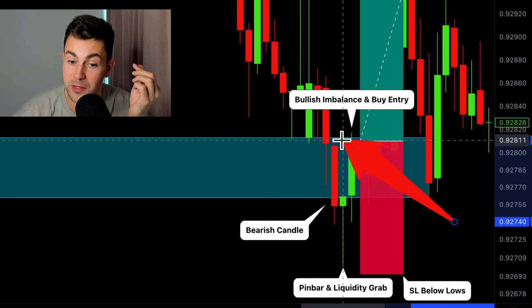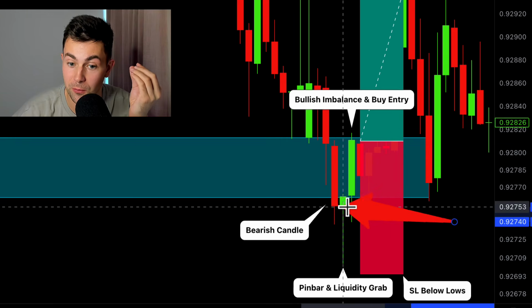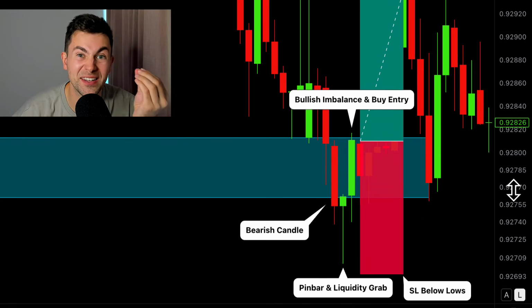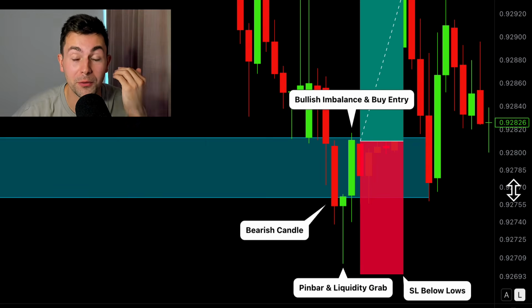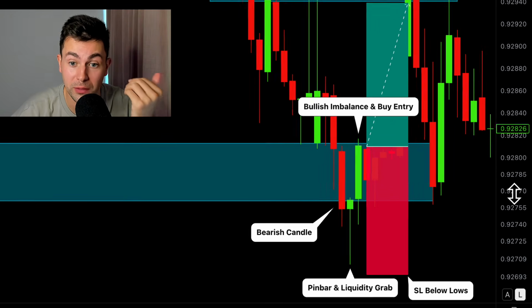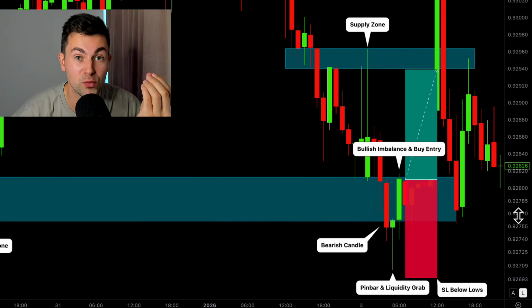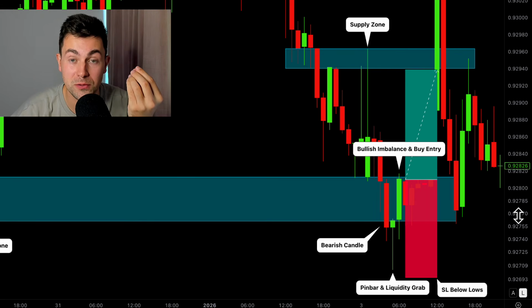This candle engulfed the entire range of this bearish candle, and that was a perfect signal to buy the market. Bullish imbalance was confirmed, and after that I was expecting a bullish movement to the closest strong supply zone. Stop loss was set below the lows, and you can see how nicely the market bounced.